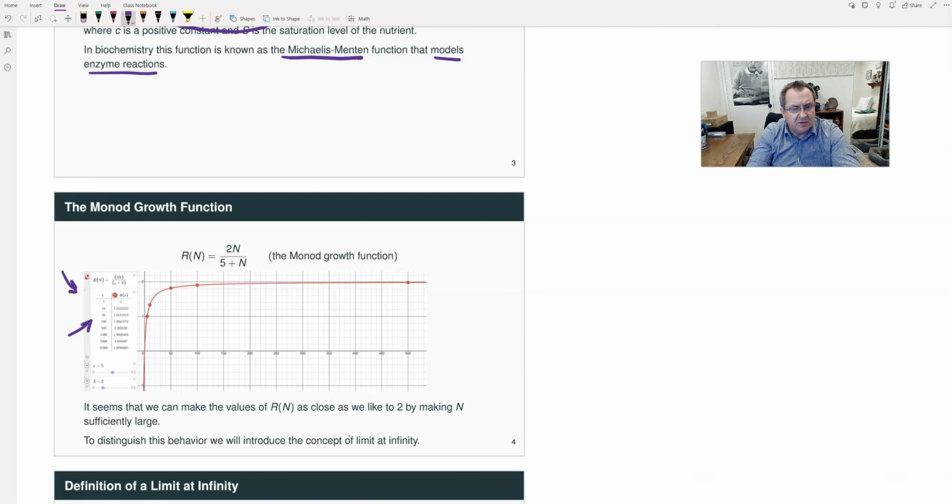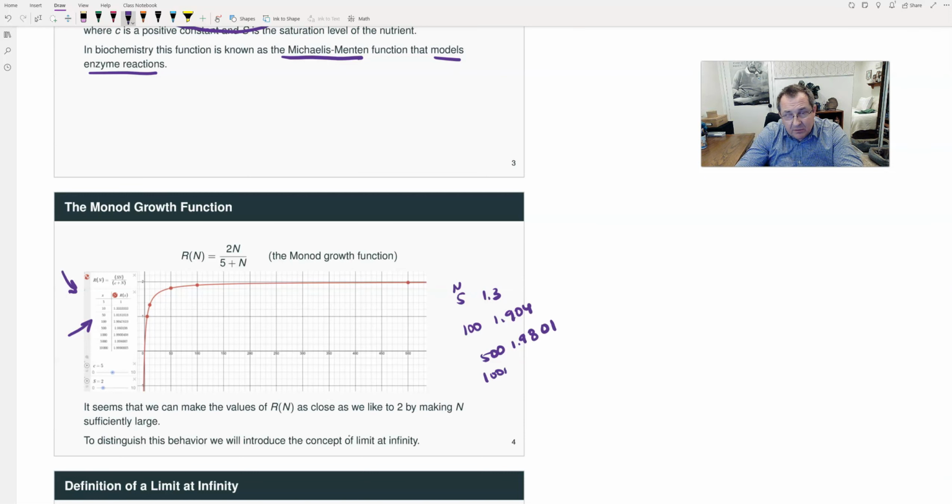If we look at those values, we observe that they start at 1.3 for n equals 5, but for n equals 100, we have 1.904. For 500, we have 1.9801.